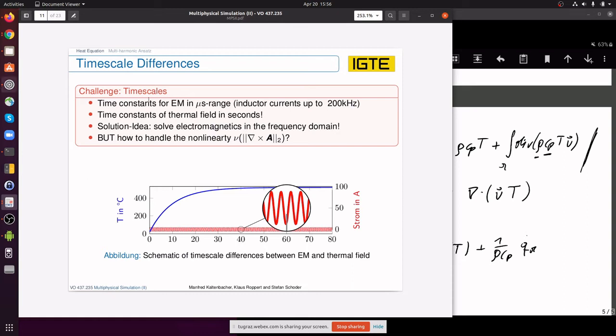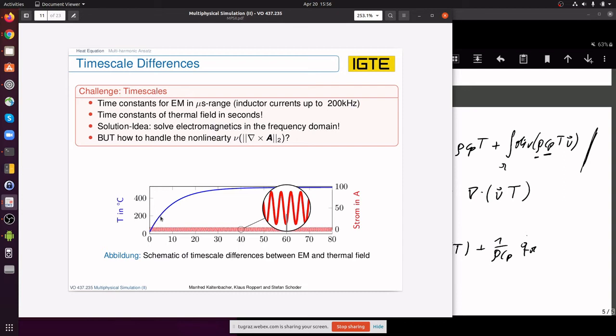You don't want to solve both problems in time domain, because if you're considering the magnetic problem as nonlinear, you want to resolve one period of the magnetic problem with maybe, I don't know, 20 or 30 time steps, and they are completely unnecessary for the thermal problem.